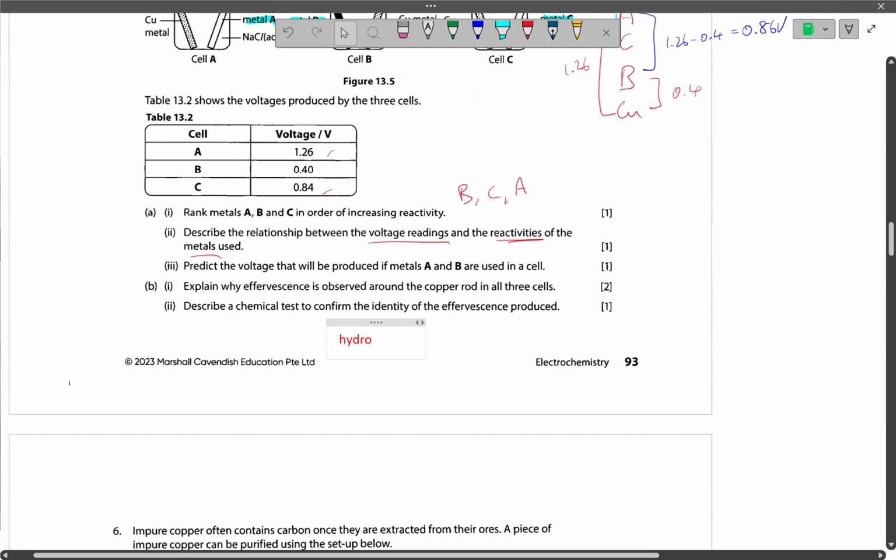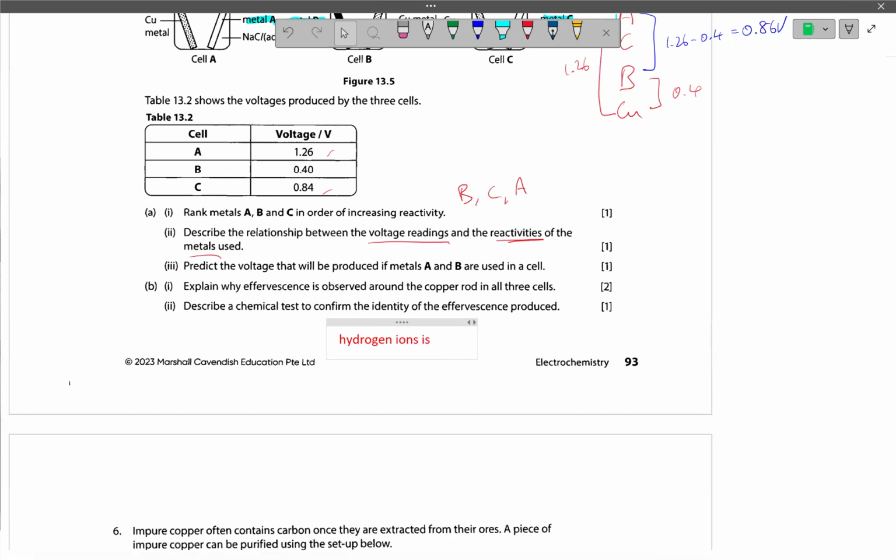Okay, better write down. Hydrogen ions are selectively discharged due to lower position in the reactivity series.